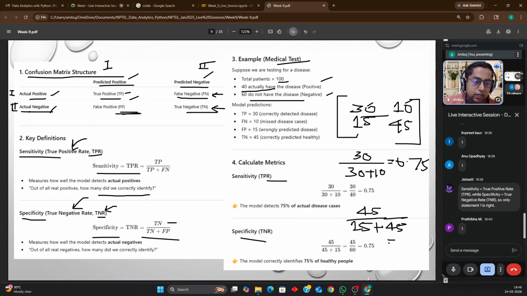So how much will it be? It will be 45 divided by 60. That will also be equivalent to 3 by 4. 15 threes are and 15 fours are. So 3 by 4 is 0.75. So from here, I will get sensitivity as 0.75, specificity as 0.75. Both the values will be equal to 0.75.